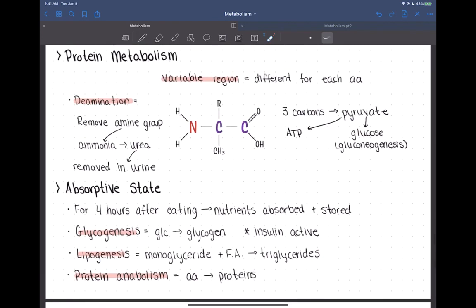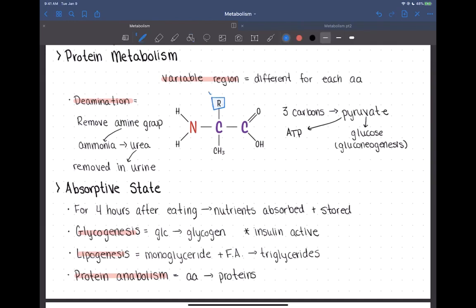All right. Now, how do we use proteins for energy? Okay, so protein metabolism. So our proteins are going to be broken down into amino acids. So then those amino acids can be used as the energy source. All right, so just a reminder of a couple parts of our amino acids. So we have up here our variable region.